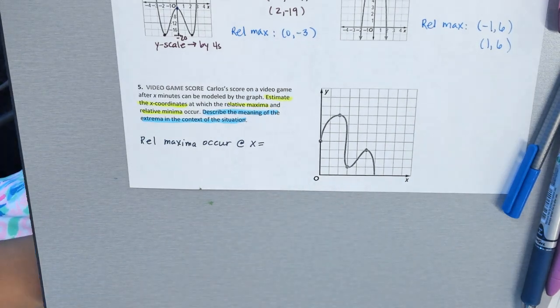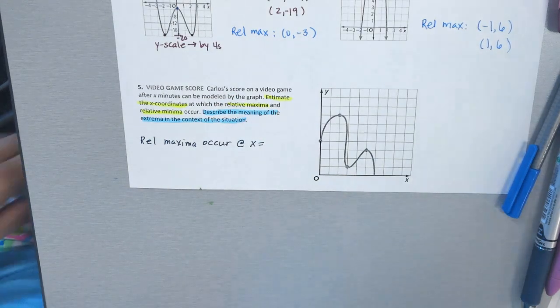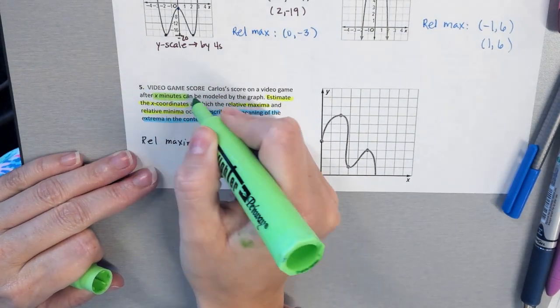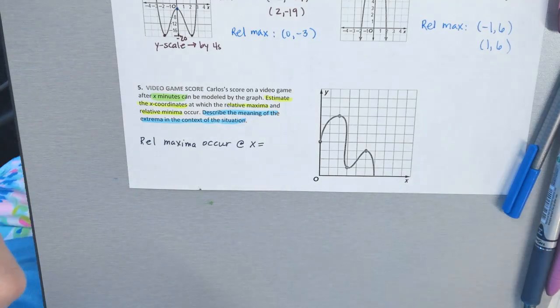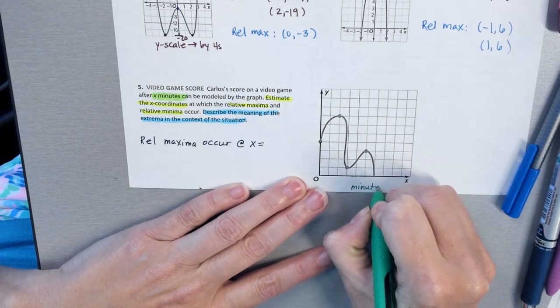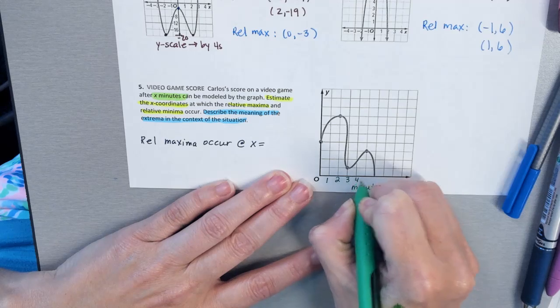Okay, so for this, it says it's a score on a video game after x amount of minutes. So the graph here, we are going to label that. So if it's x minutes, we know that the minutes are at the bottom of the graph. And then if they don't give you a scale, it's by ones. So it's 1, 2, 3, 4, 5, 6.